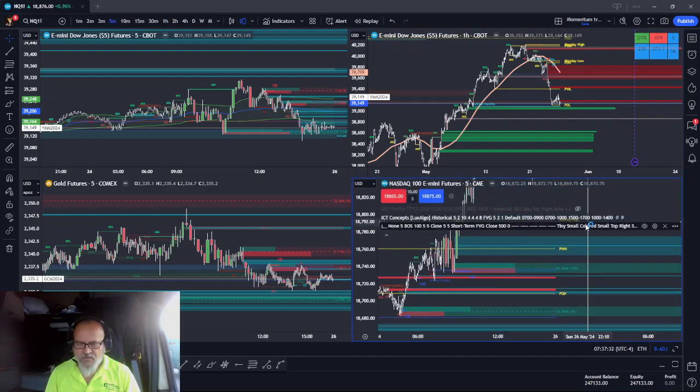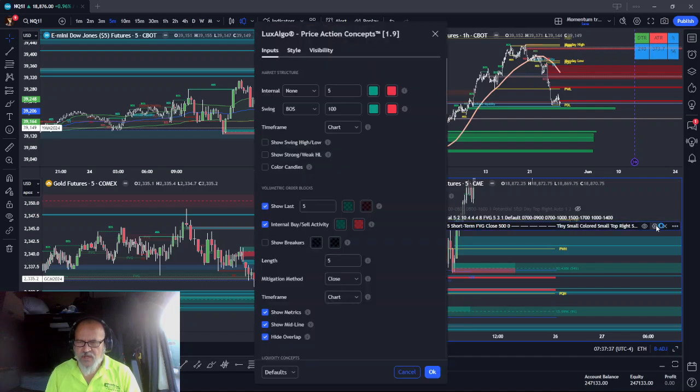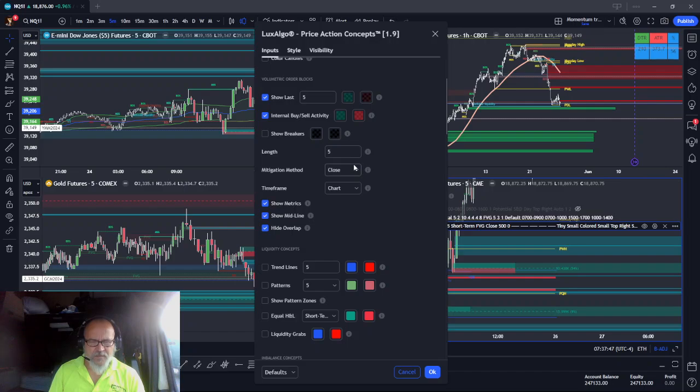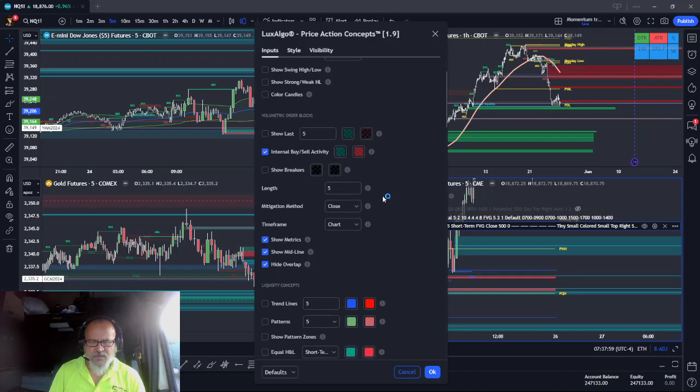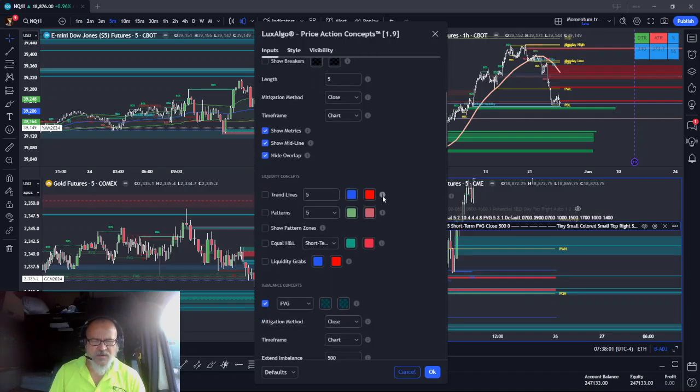All of those. Okay, let me get this set up just the way, because I did it on the 1 hour. I don't know why I did all the changes on the 1 hour. Price action concepts is going to show... okay, we're not going to do order blocks, so we'll get rid of those. We'll clean up the charts a little bit.